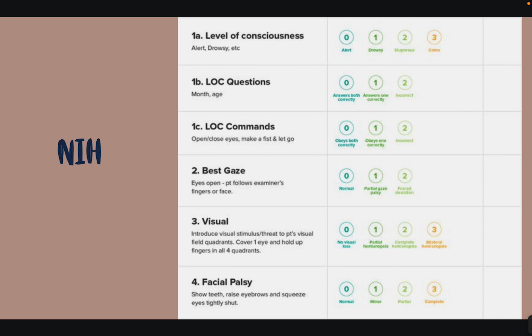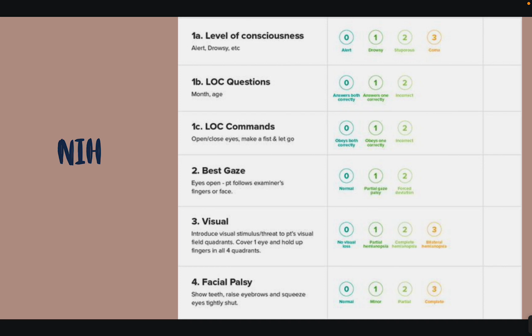You need to know that it's assessing the level of consciousness, the patient's gaze, any facial paralysis, the movement of the body and things like that. But you don't have to specifically memorize each thing.